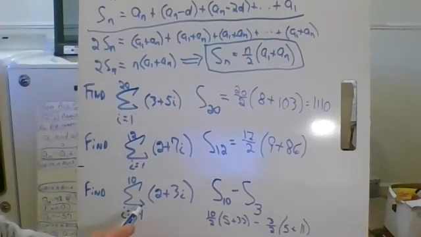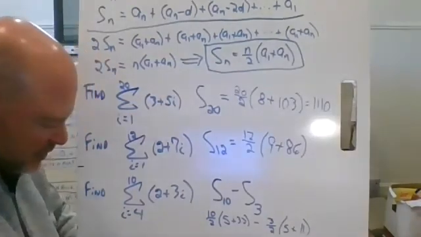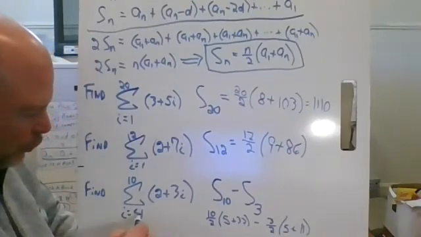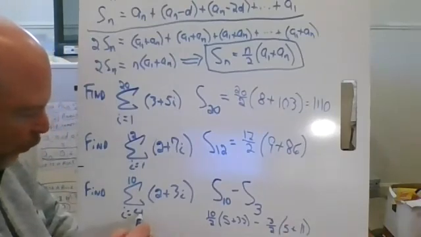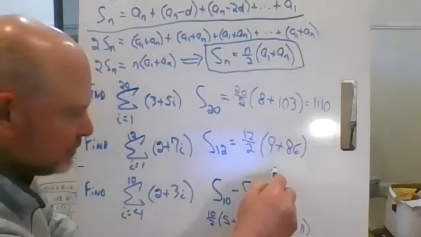Now, there's actually another way to do this problem where you treat i equals 4 as your first term. You write it using this notation here. And so you would let i equal 4 and get 12 plus 2 is 14.